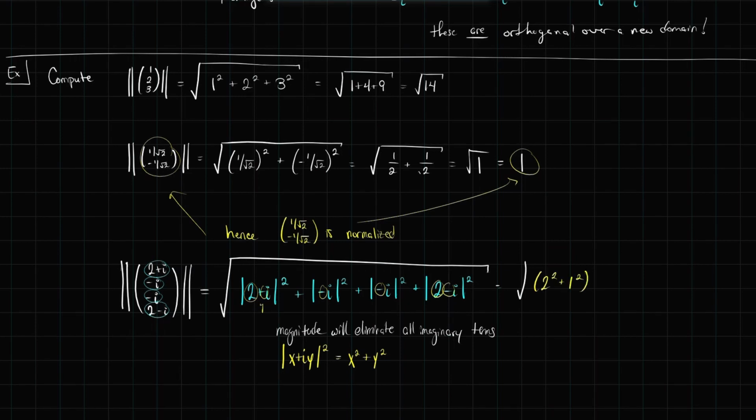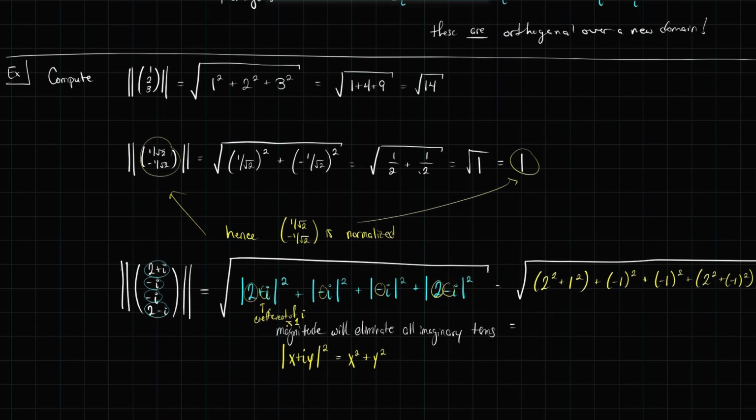Now where did the 1 squared come from? That's the coefficient of i is 1. And then the second case, I get -1 squared, because the coefficient of i is -1. I mean, there's a 0 sitting around there as well, but I'm not going to include it here, because if I add 0 to something, it doesn't matter. The third case is -1 squared, and the fourth case is 2 squared plus -1 squared.